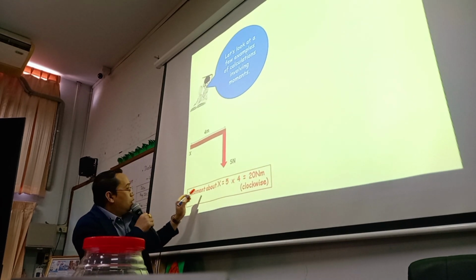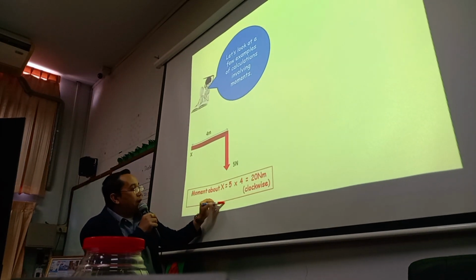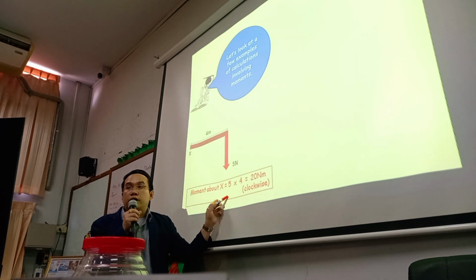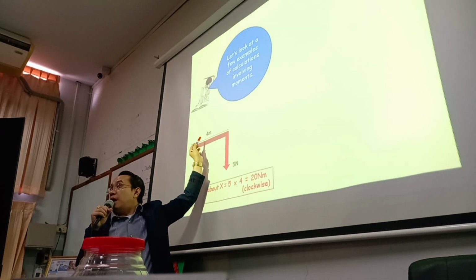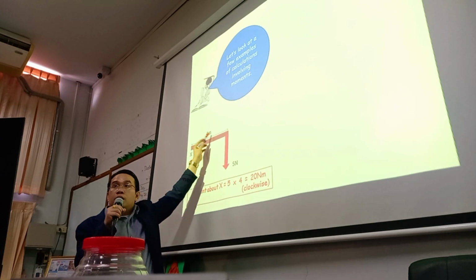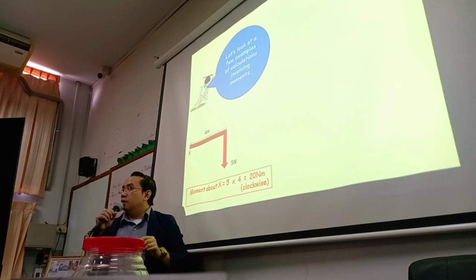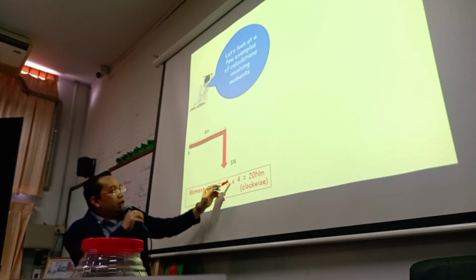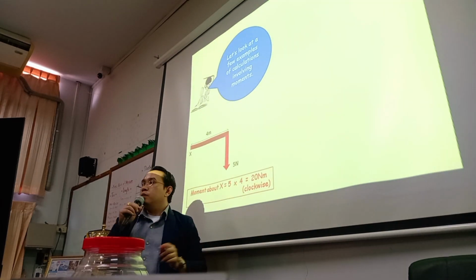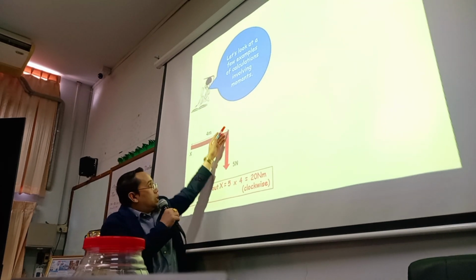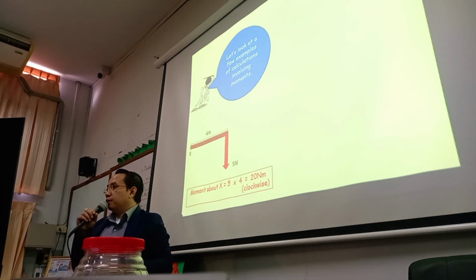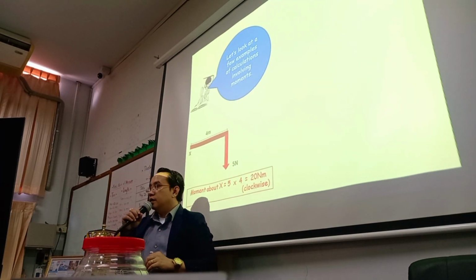So moment of force equals 5 newtons as the weight of an object multiplied by 4 as its distance. 5 times 4 is 20 newton meters. So it is in a clockwise direction. Do you understand, guys?